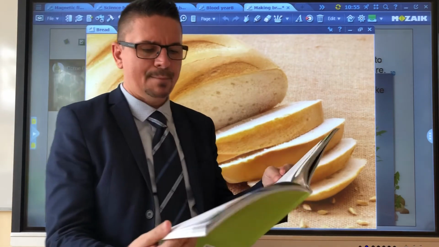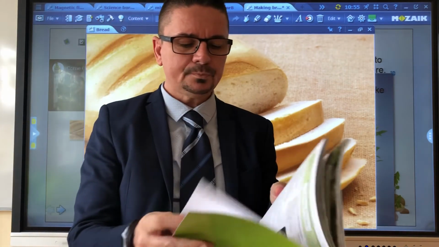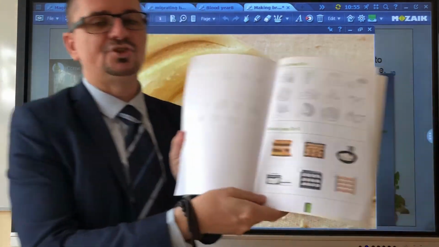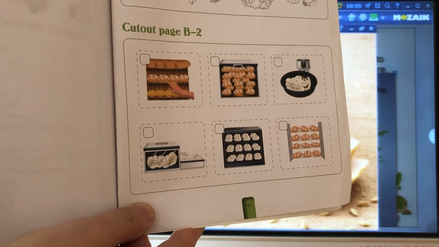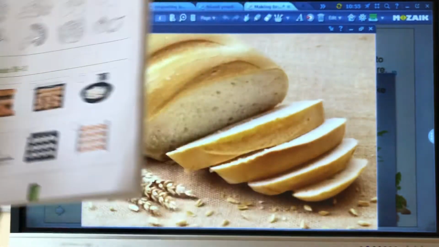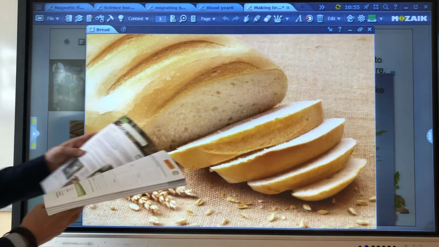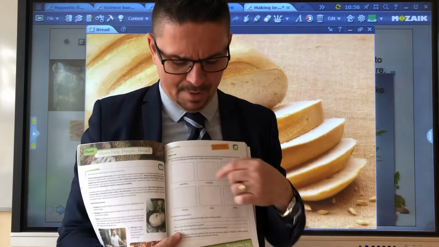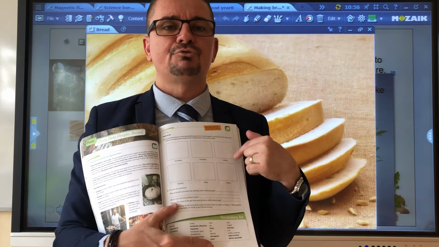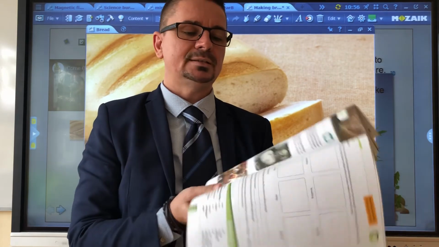But can you remember the whole process? Please turn to page 131 in your book and cut out the tiny drawings. These symbolize the bread baking process. And after cutting them out, please stick them right here into the boxes.